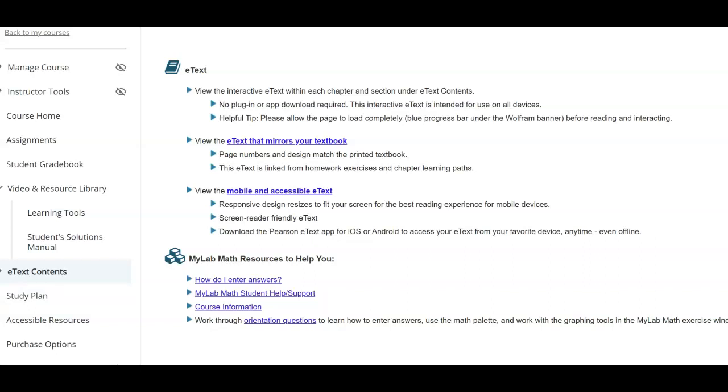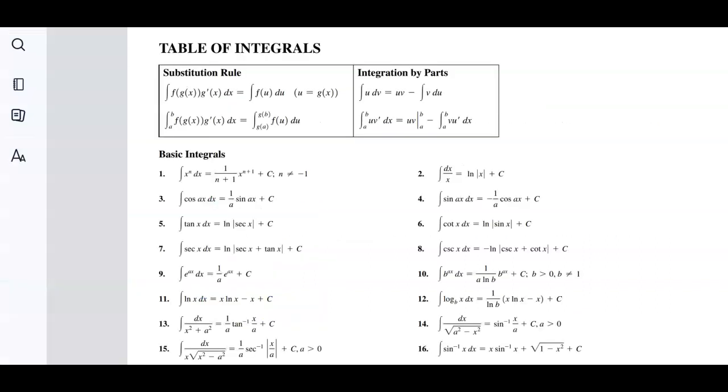Don't go to any of these chapters here. What you want to do is pick one of these two, either the e-text that mirrors your textbook or the mobile and accessible e-text if you're on an iPad or your mobile device. I'm going to click the one that mirrors my textbook.